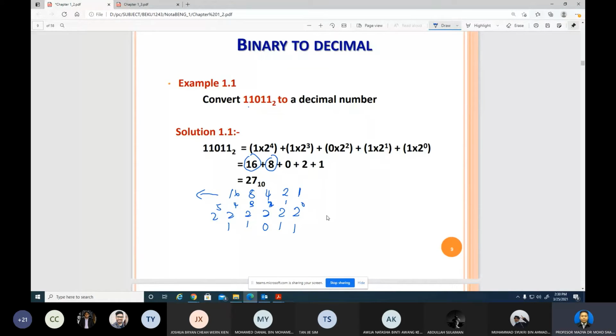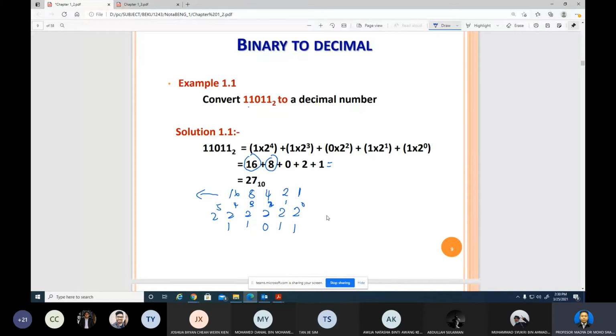This one is 0 because of the 0 here, and then 2 multiplied by 1, and then plus 1 multiplied by 1. Then you substitute the values and add them together, so you get the total, which is 27 in decimal.